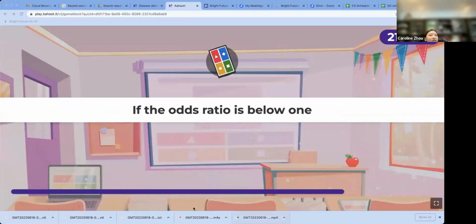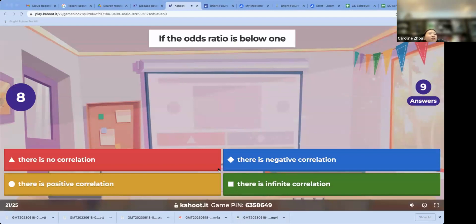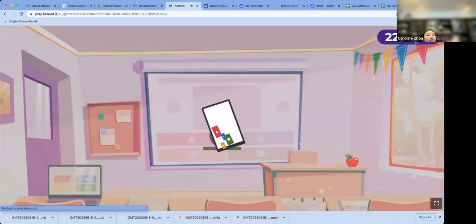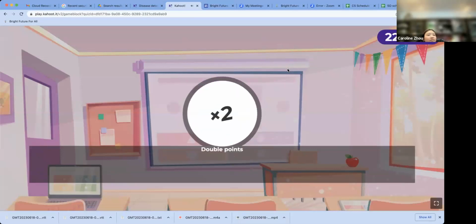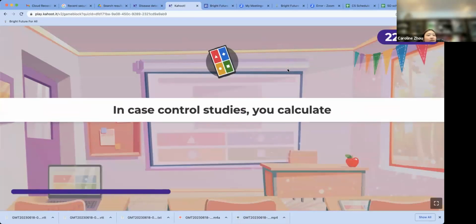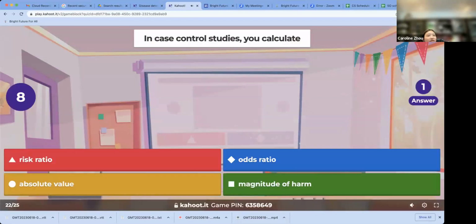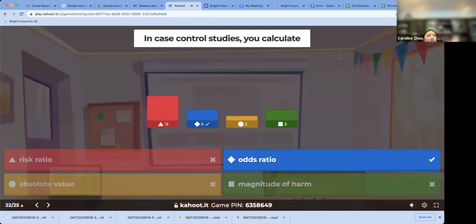If the odds ratio is below 1. Yeah, then it's the opposite. There is negative correlation. In case control studies, you calculate the odds ratio.